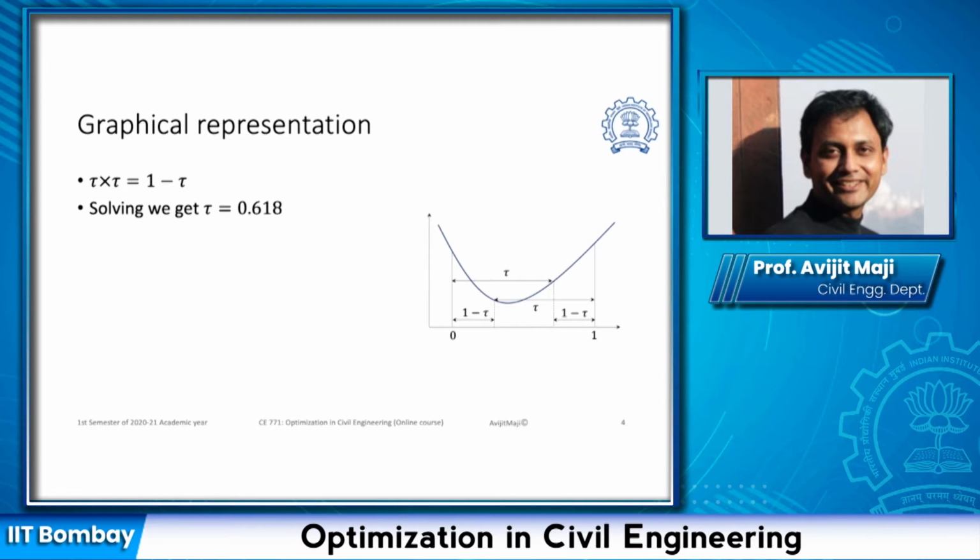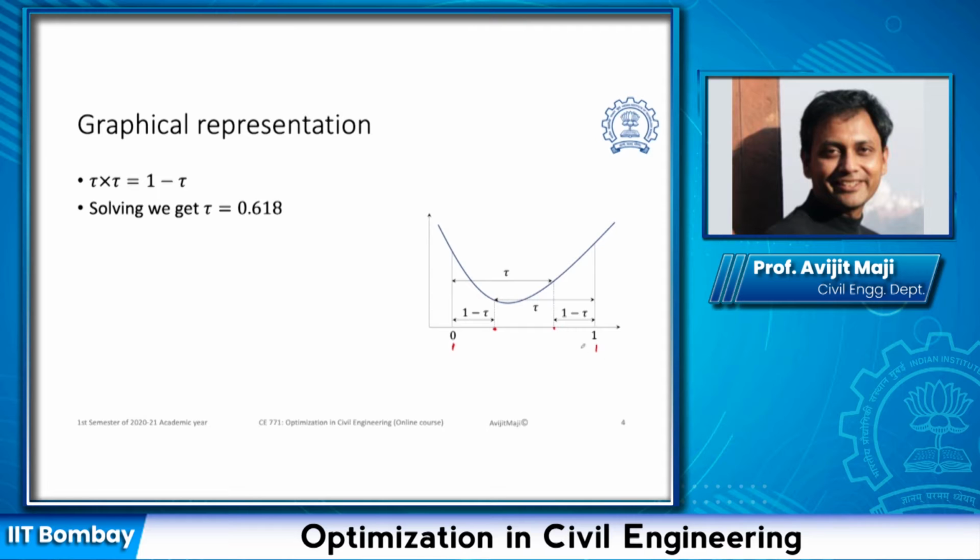In this graphical representation, you will see that the two points indicated here are actually tau distance from the two boundaries, here and here. The boundary was mapped to 0 and 1 no matter what the boundary width is, it is going to be mapped between 0 and 1.